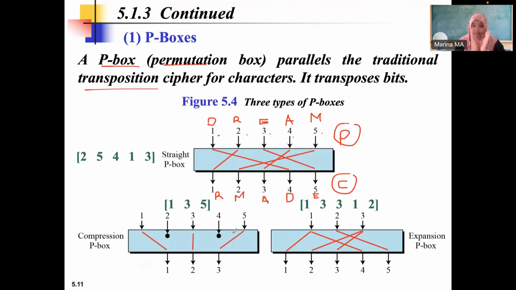Compression: from 5, it becomes 3 positions only, so 2 characters are missing. Expansion: originally we only have 3 characters, when we expand, it becomes 5, so certain characters are redundant, we repeat certain characters. Let's focus on straight P box first.